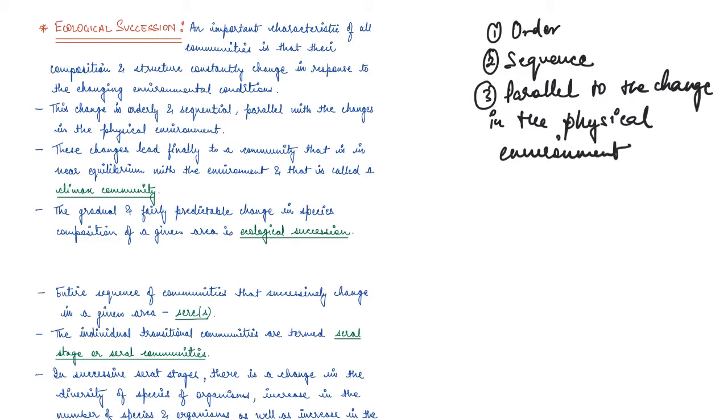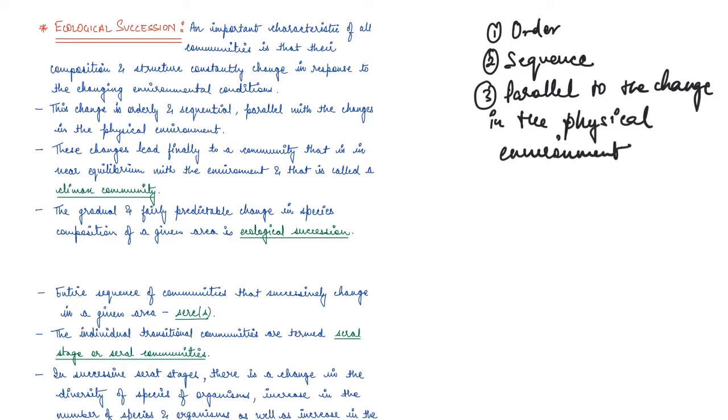So I'll say this thing again, guys, that we know that the structure and composition of the community keeps on changing constantly, right? And this is a response to the changing environmental condition. But this change is not haphazard. This change is always orderly, it is in a sequence, and it is parallel with the changes in the physical environment. Now, these changes basically lead to a community which is near to equilibrium with the environment.